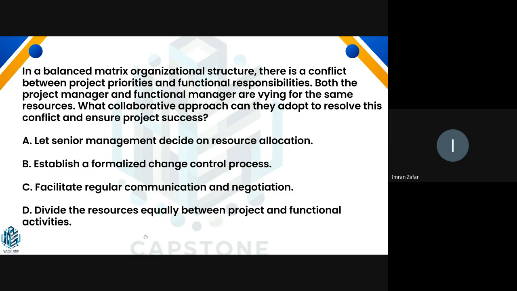Okay, all right. So C is the right answer for this question, because what happens in balanced matrix? In balanced matrix, both the project manager and functional manager share authority, 50-50.